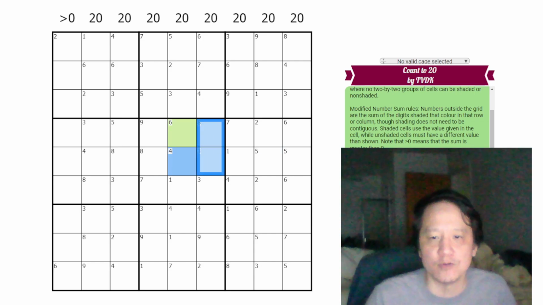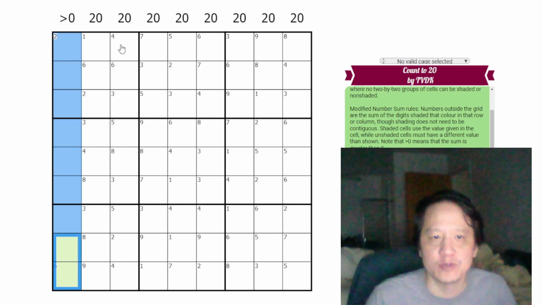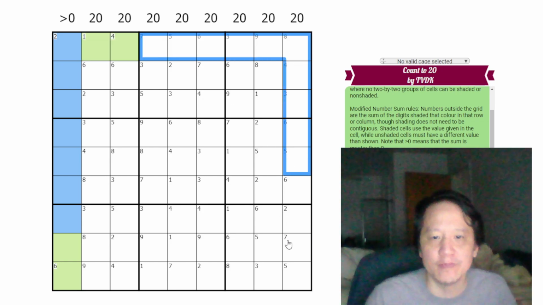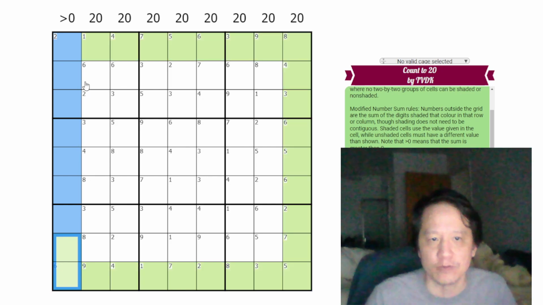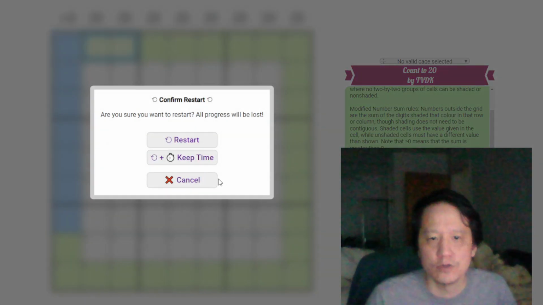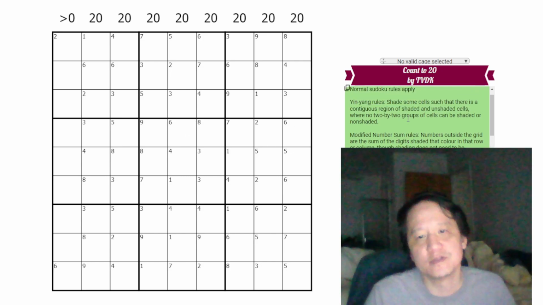And the second one is if you have a section where it's one color and it's stopped being that color in both areas, the rest of these border cells have to be the same colors as the outer ones. So those are the two main secrets about yin yang puzzles that I know about.